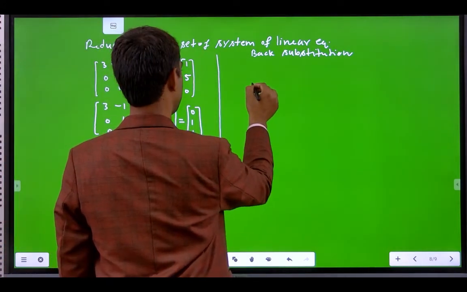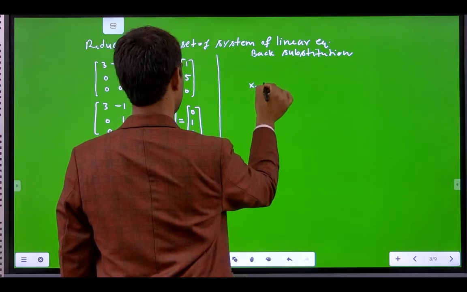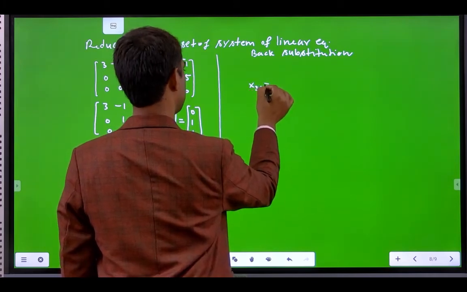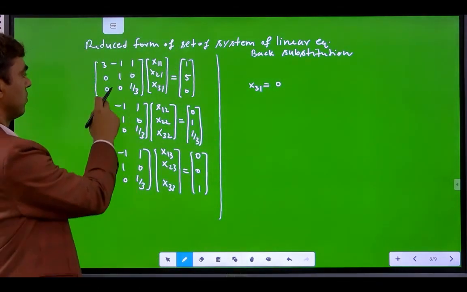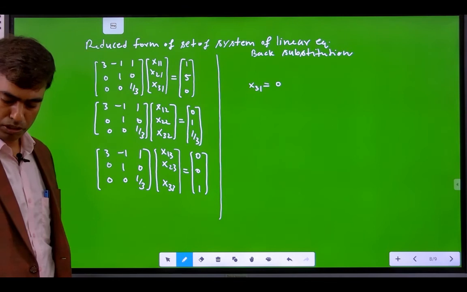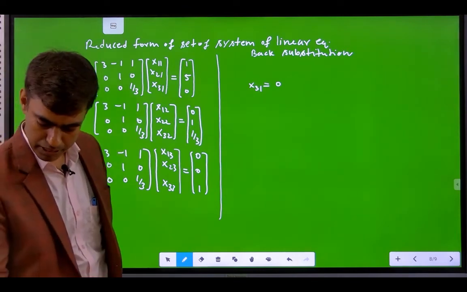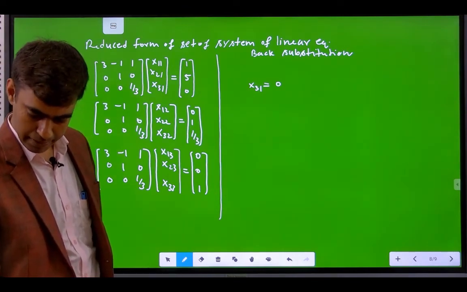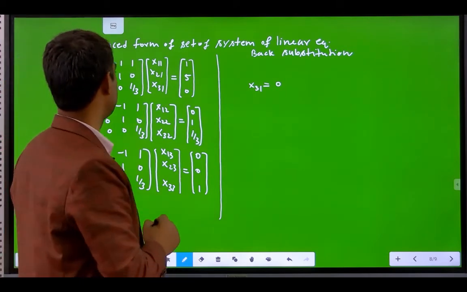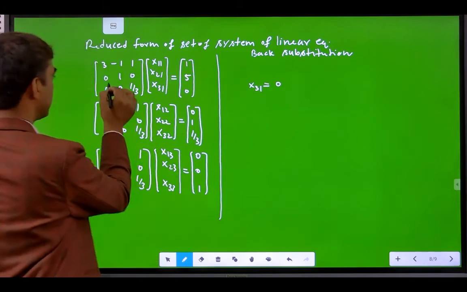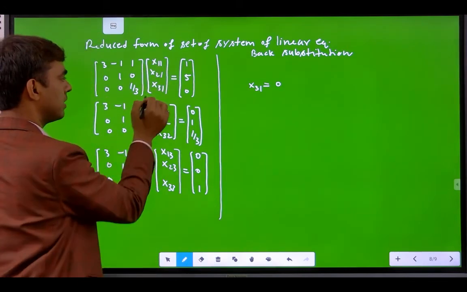In back substitution we first find the value of x31. The value of x31 equals 0: 1 by 3 times x31 equals 0, so x31 equals 0. Now we multiply the second row by this column.